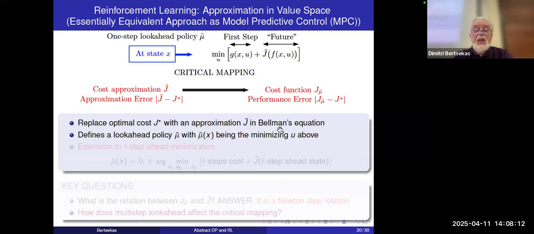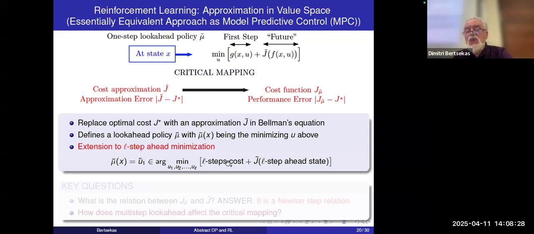Before I get into this, let me also note that there's a multi-step look-ahead version of this approximation in value space, where instead of looking at the first step and then approximating the future, we minimize over the first L steps and then look into the future as approximated with the function J tilde. So that's how L-step look-ahead approximation in value space works.